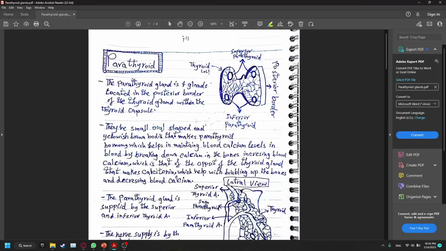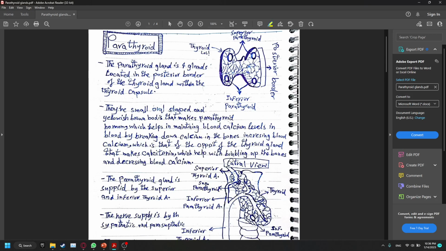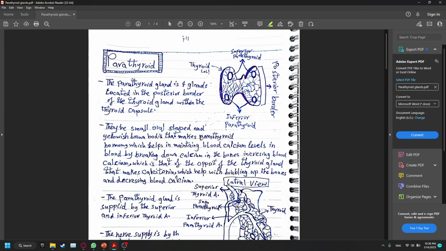But regardless, this is the parathyroid gland, right? They are small, oval-shaped, yellowish-brown bodies that make parathyroid hormone, which helps with maintaining calcium levels in the blood by breaking down calcium in the bones and increasing blood calcium, which, okay, basically what it does is actually more of a physiology thing.